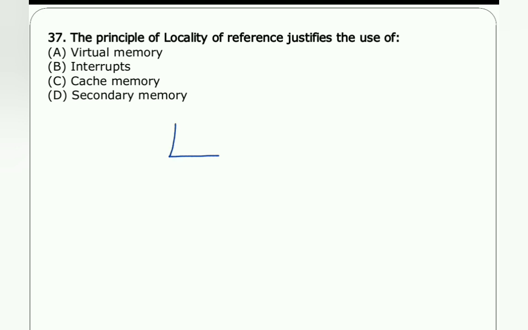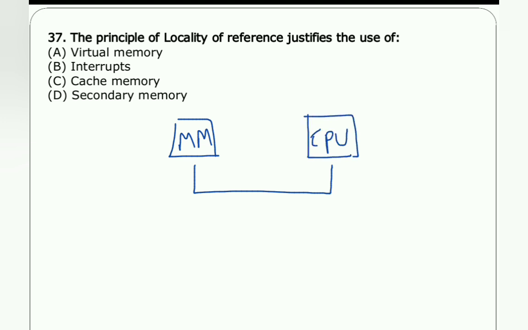So we place the cache memory between the CPU and the main memory, as the intermediate between them. So why do we use this cache memory here?